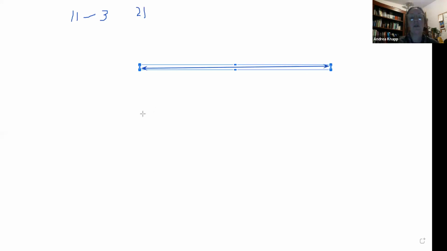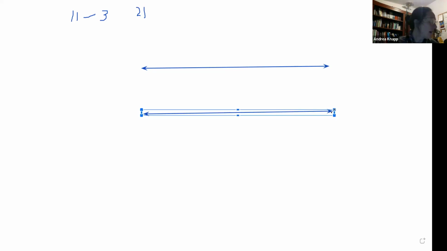The first thing we need to notice is that they're telling us that line M is parallel to line N. So we want to keep that in mind because when we've got parallel lines cut by a transversal, there's all sorts of equivalences that kick in. So we've got two transversals here.